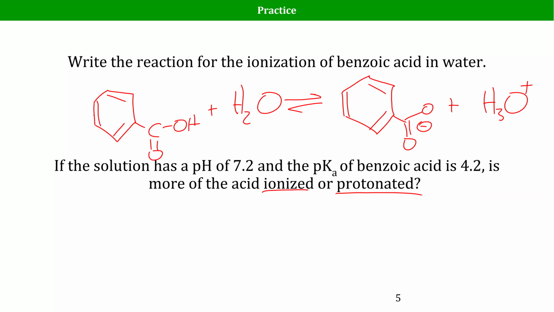I made a typo when I wrote this slide, because it should be ionized or unionized, or protonated or deprotonated. These are talking about two different things. They're both important, and in fact, when we're talking about whether something dissolves in water, whether it's ionized or not is more important.